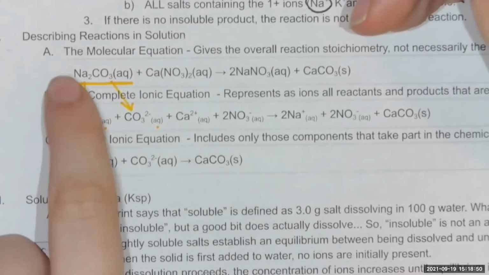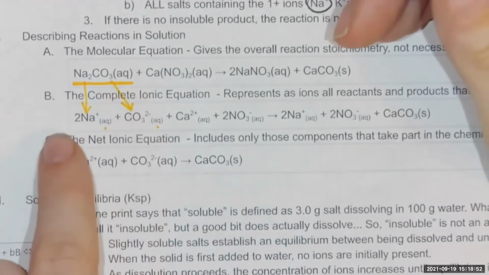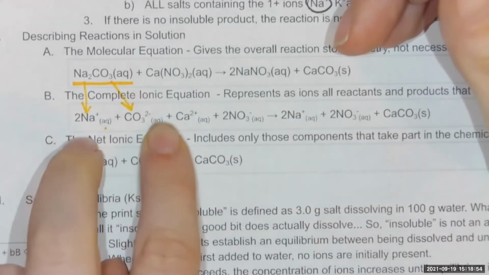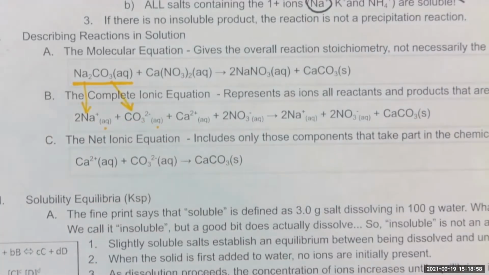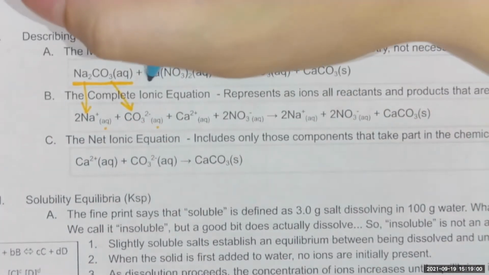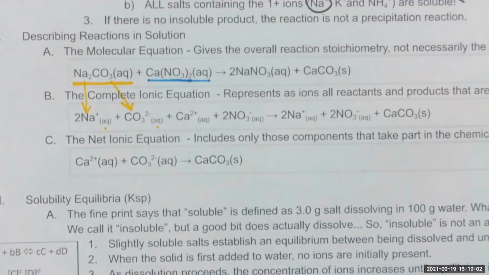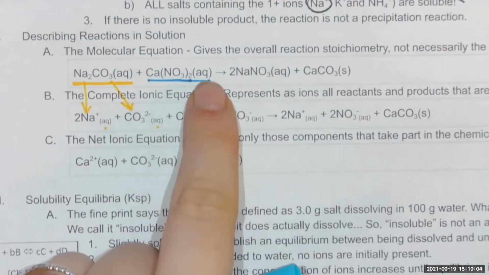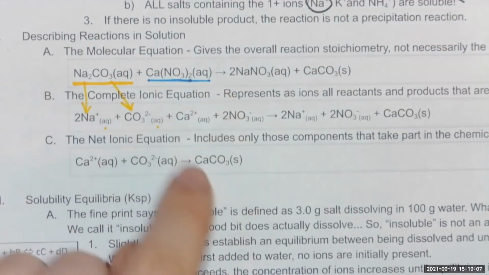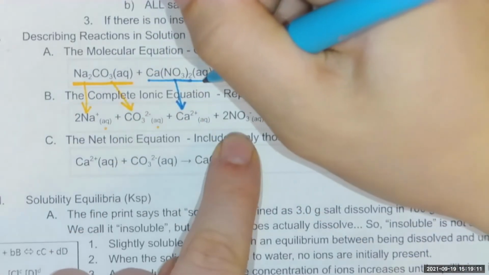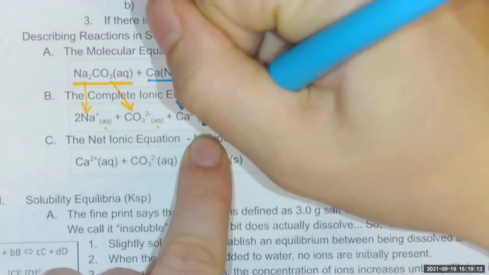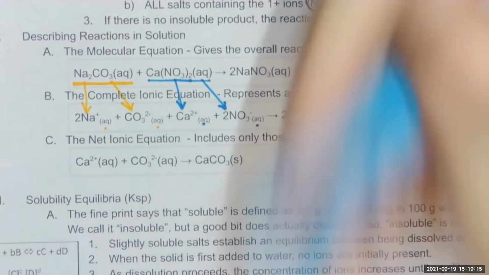You can either write it together with AQ, or you can write them separately as ions with the charges. Same thing here, calcium nitrate is aqueous because nitrates are always soluble. So here it is breaking up into the calcium and the two nitrates, both aqueous.